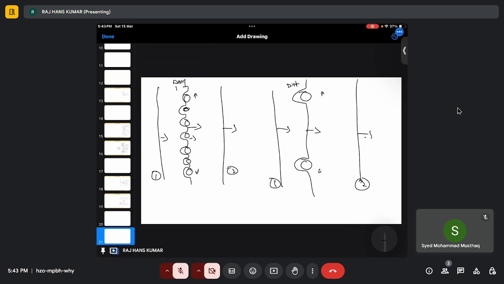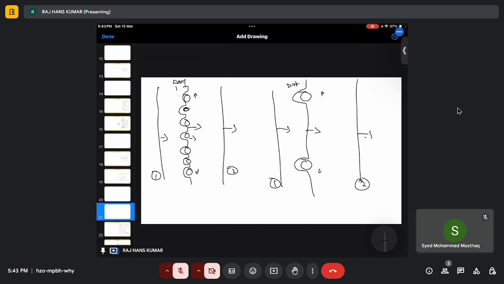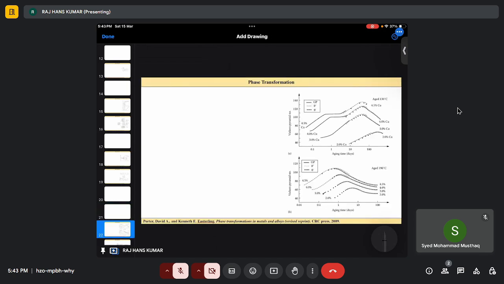Now, coming to that question: what happens if the alpha is very rich in B? That is what we are showing here.